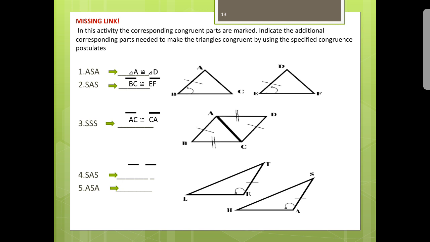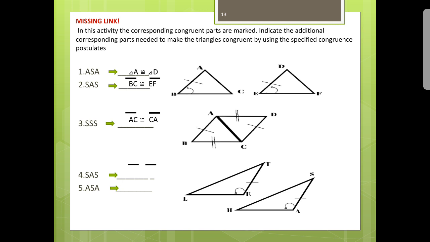Numbers 4 and 5 refer to the given figures of two triangles. For number 4, side angle side. So, there is a given using the identical marks.